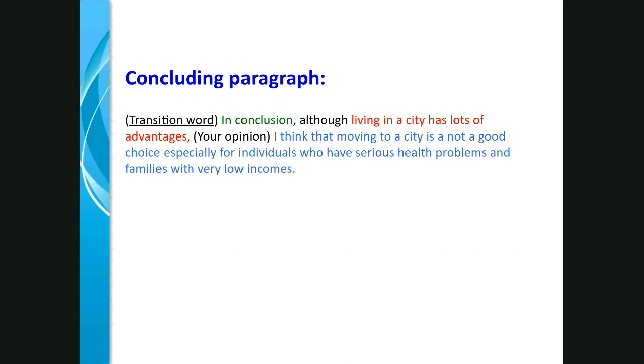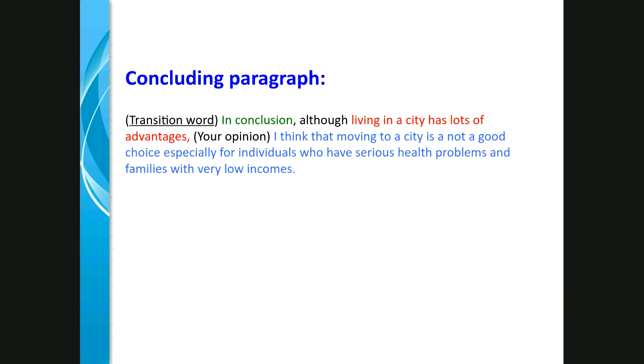I'm just rewriting the same sentence with different words or different structure. Although living in a city has lots of advantages, هنا تكتب إيش رأيك؟ I think that moving to a city is not a good choice, especially for individuals who have serious health problems, families with very low incomes.